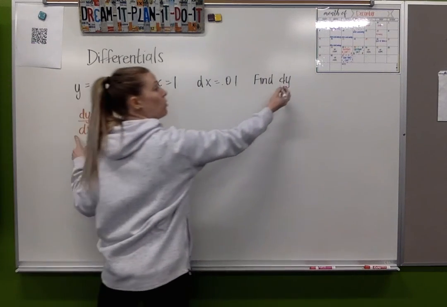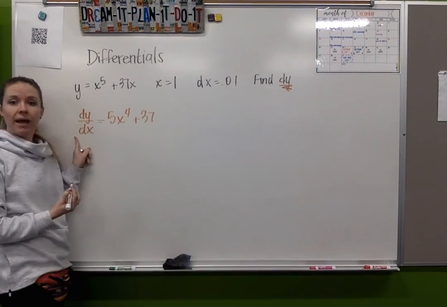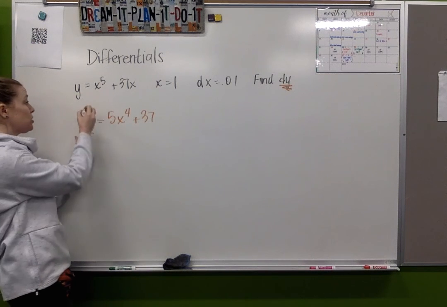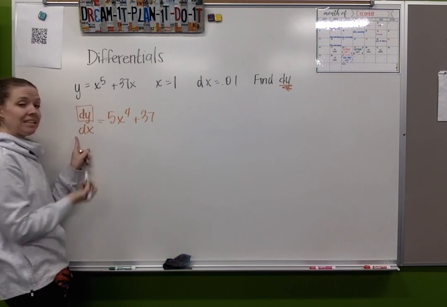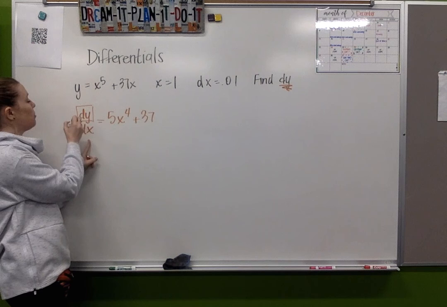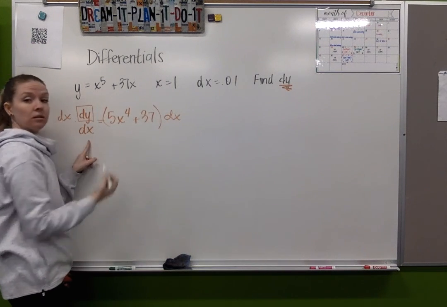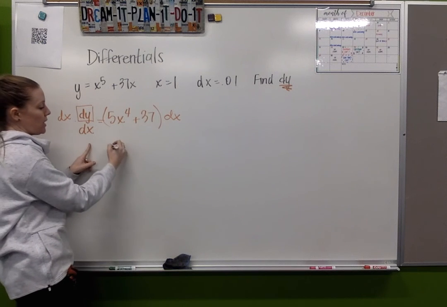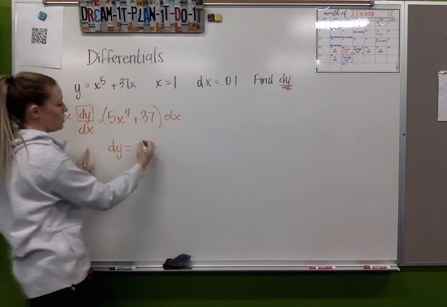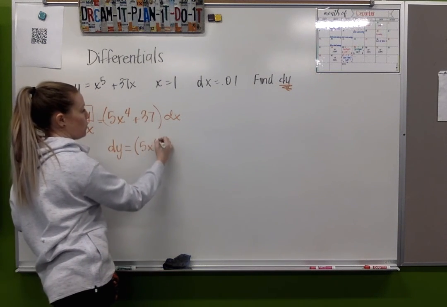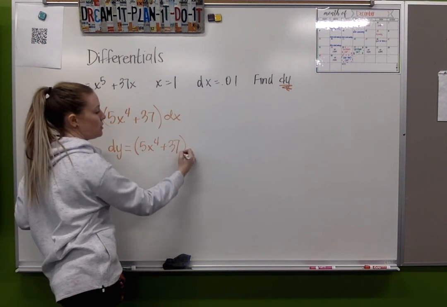But now my goal is to find my dy. So what I'm going to do is isolate my dy by multiplying both sides by dx. So my dy equals (5x to the fourth plus 37) dx.